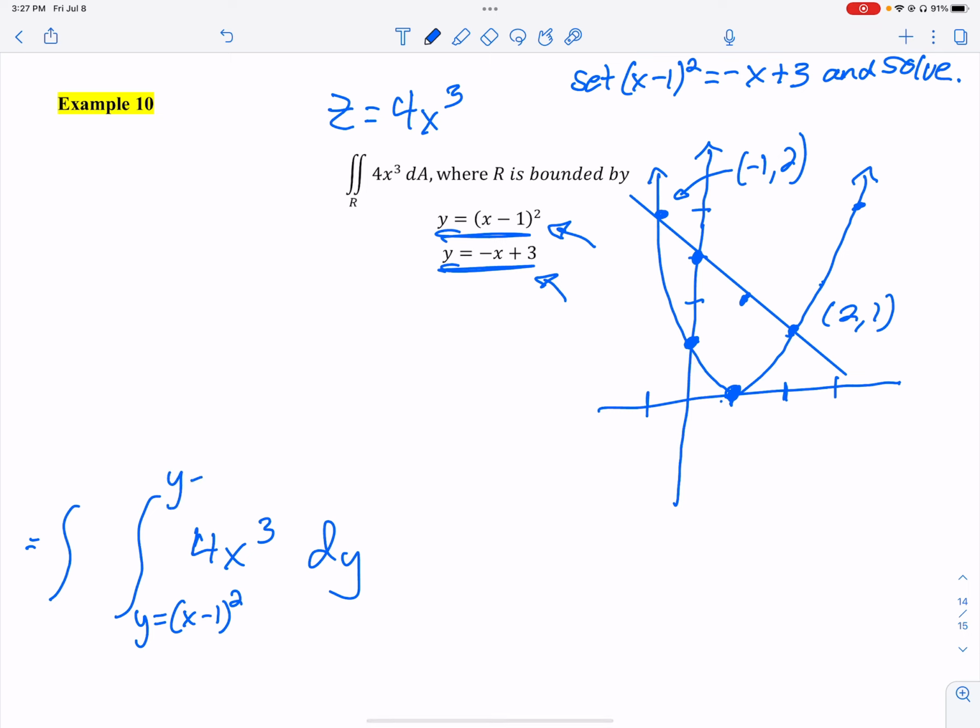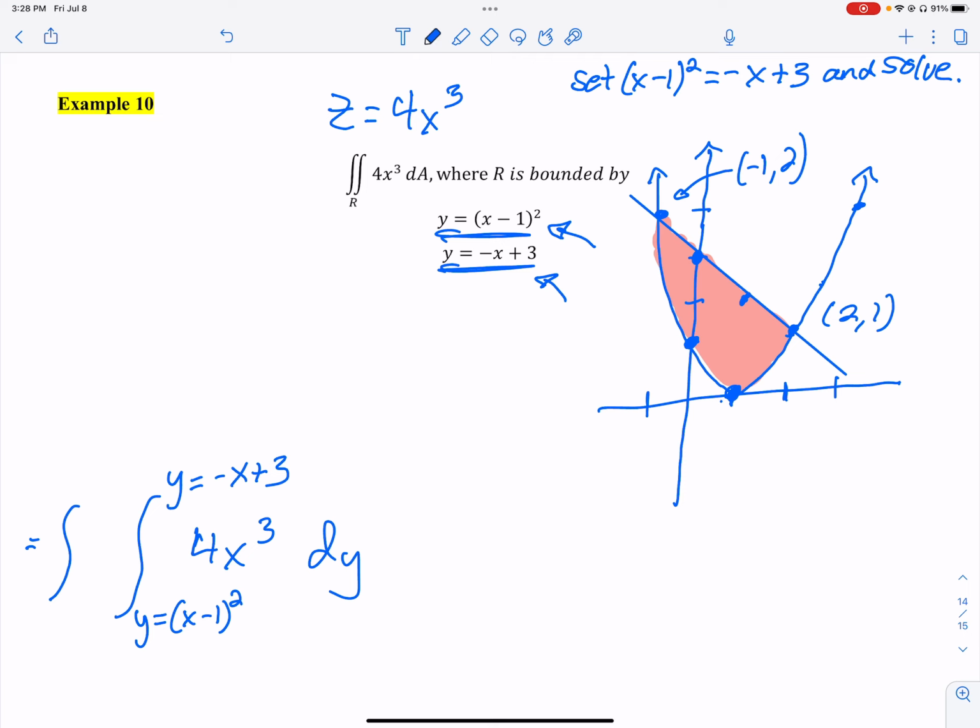And then on top is the negative x plus 3 because it's above. We're talking about this region. I guess we could shade this. Oops, I erased it instead. Talking about the region enclosed in here. So it's the volume above or below the surface of this region in space.